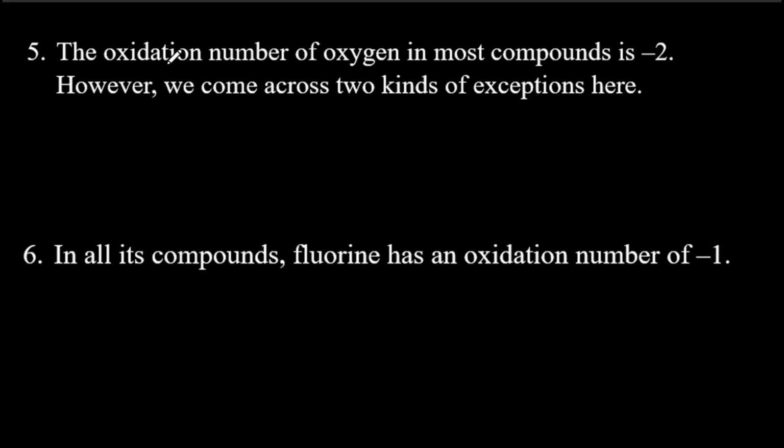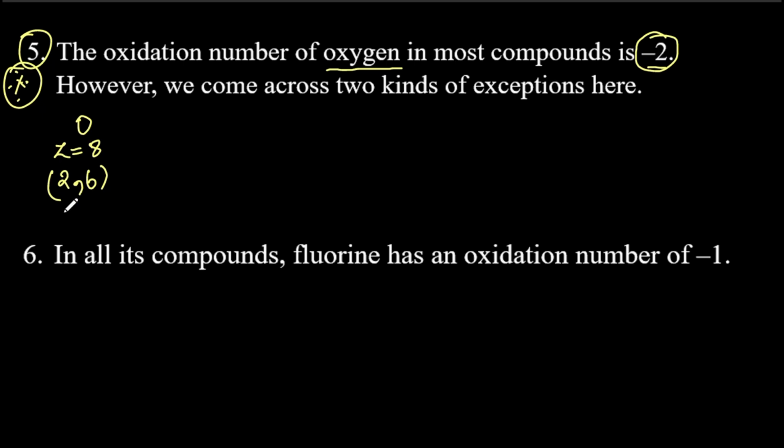Next rule is the oxidation number of oxygen in most compounds is minus 2. So this fifth rule is also important. You see the atomic number of oxygen is 8. The electronic configuration is 2, 6. So it has to gain 2 electrons to attain stability.